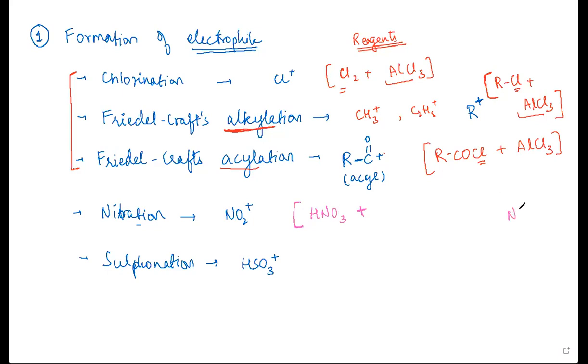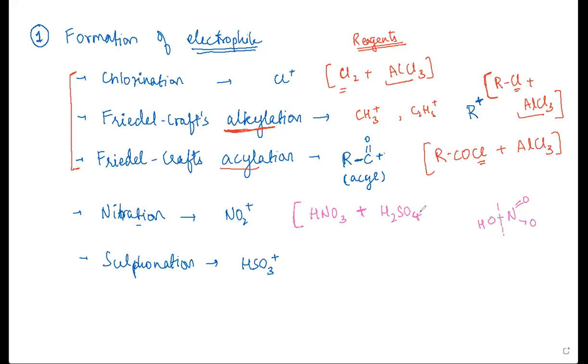So if this is the structure of nitric acid, you've got NO and OH. You need to rip this whole OH apart. In order to do that, a strong enough reagent that you take along with HNO3 is concentrated sulfuric acid, H2SO4.